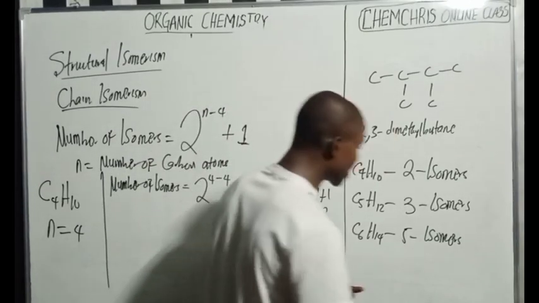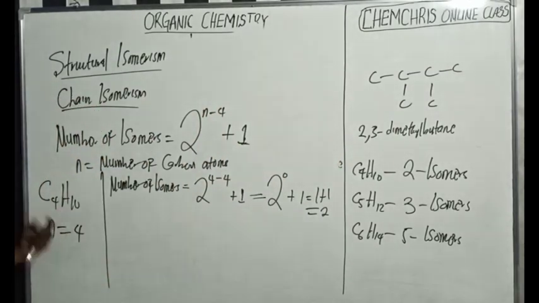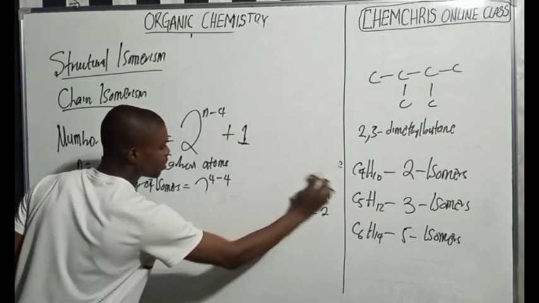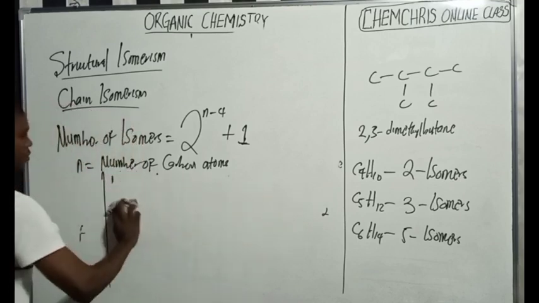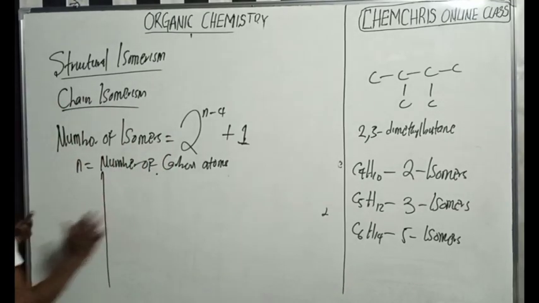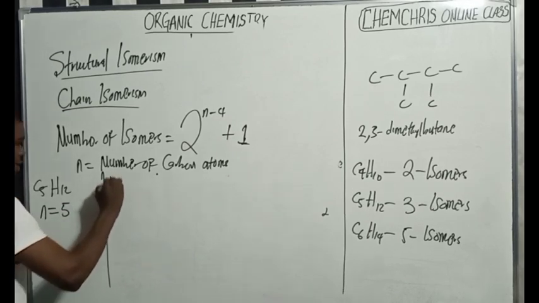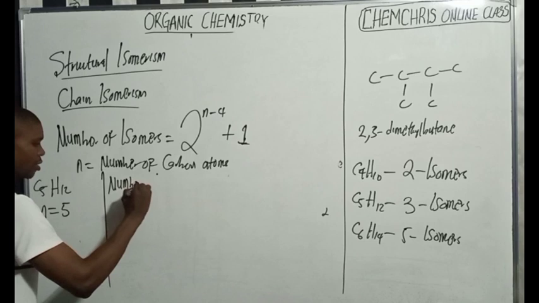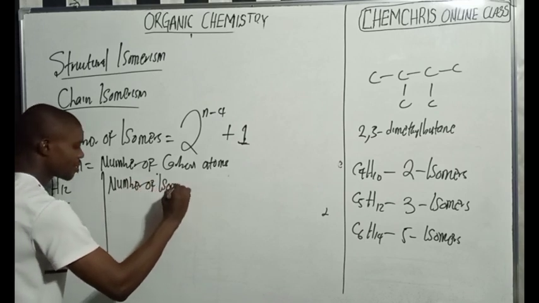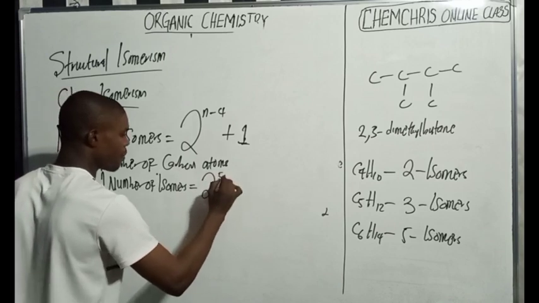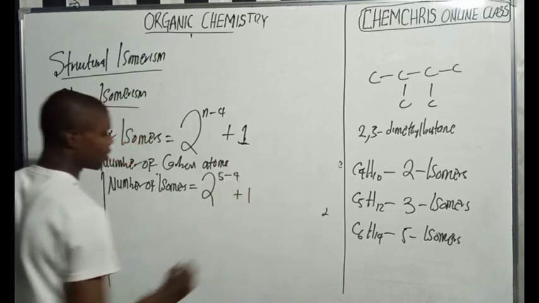Now, let's get for C5H12. So if you have C5H12, my n is equal to 5. That means the number of isomers equals 2 raised to 5 minus 4, plus 1, right?